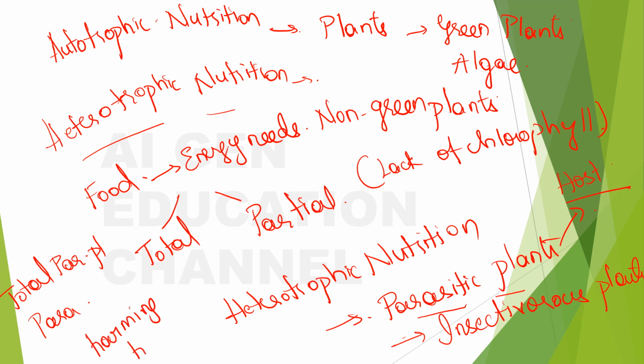It is not that they are mutually benefiting from each other. The parasitic plant, for its own benefit, gets the host into some disadvantageous position. So this is about total and partial parasitic plants. We will look into examples of these.